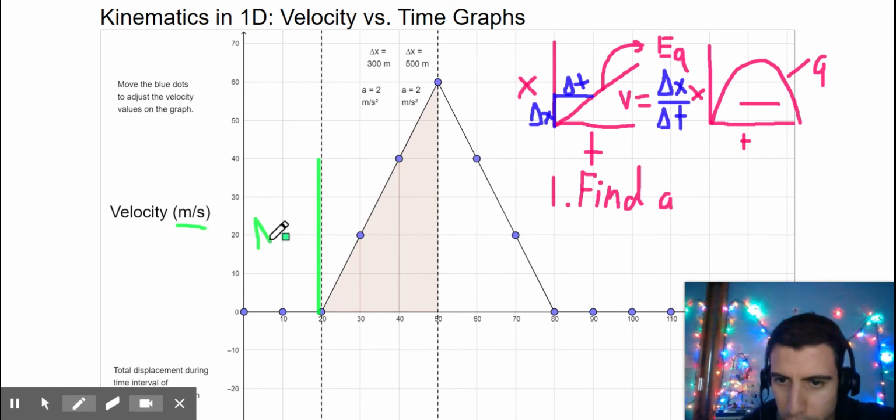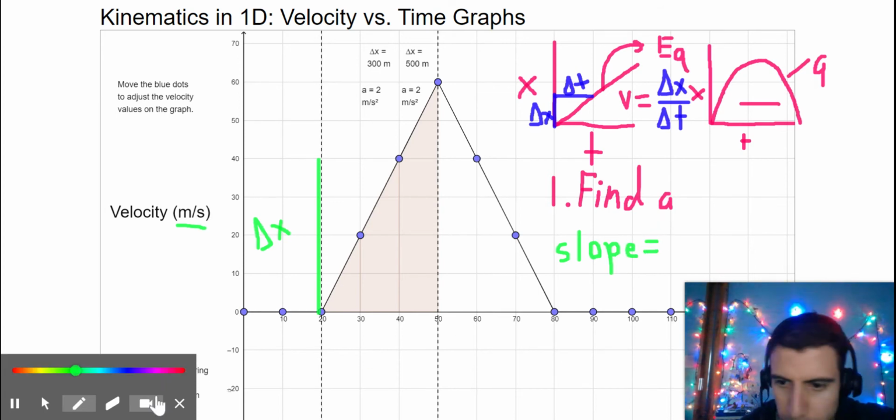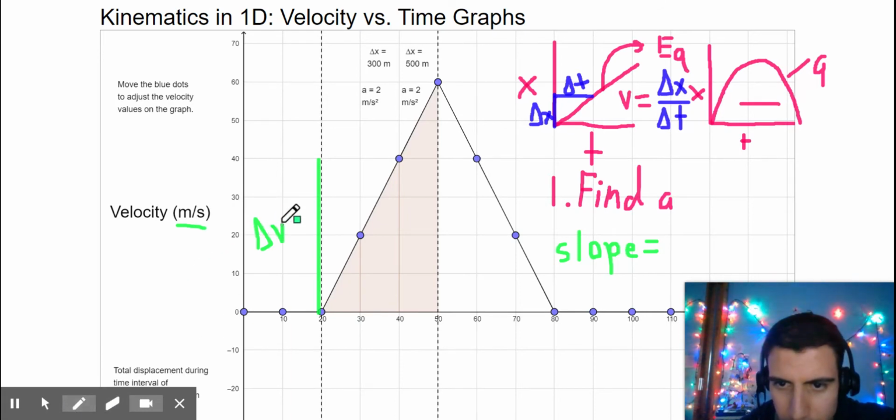And that makes it delta V. So the slope here is delta V. Sorry, just realized I wrote delta X there. This is delta V, right? This is our change in velocity.